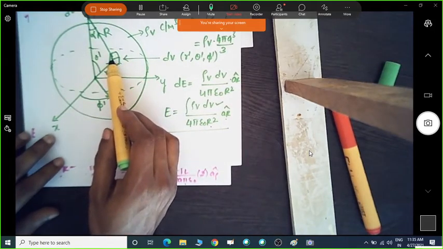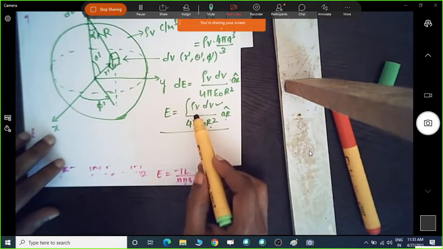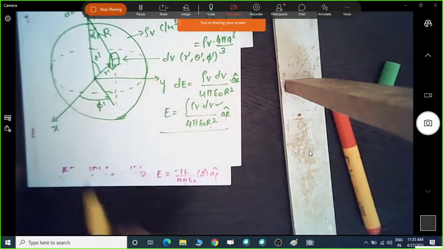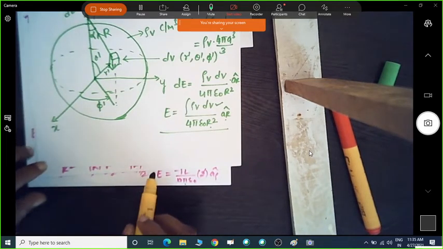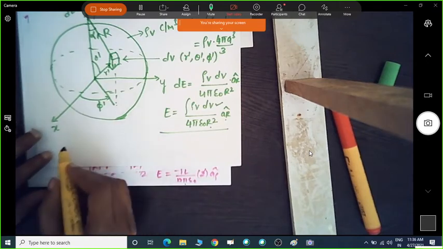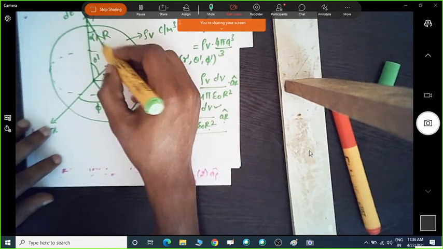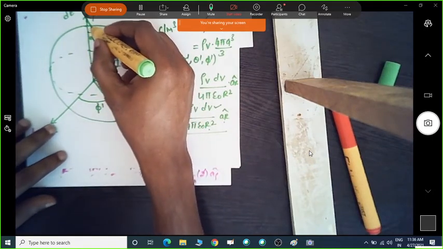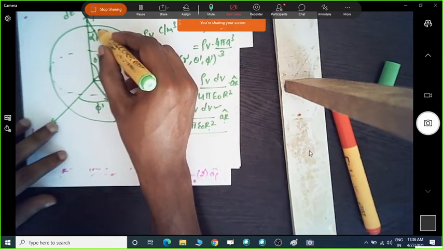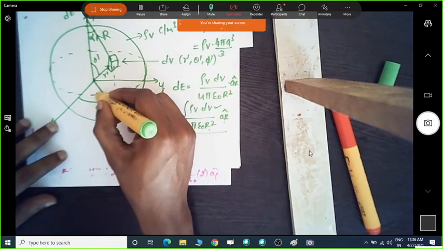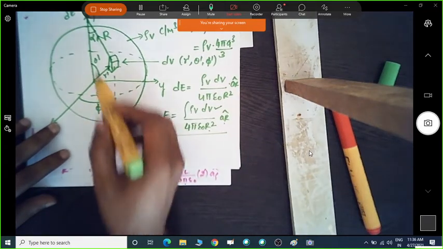If we consider the whole volume with rho v, we completely get the electric field due to the complete volume. Now if I take the ar direction and project it, this will have two components with respect to this alpha.